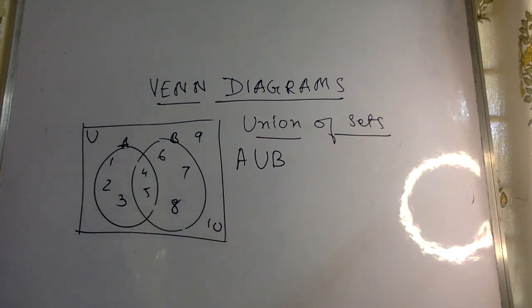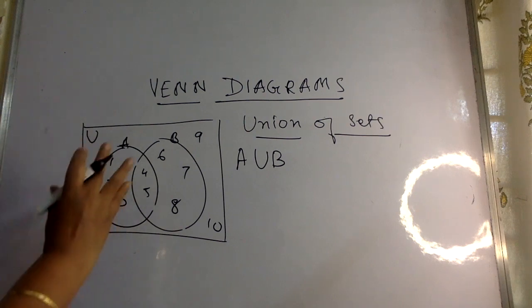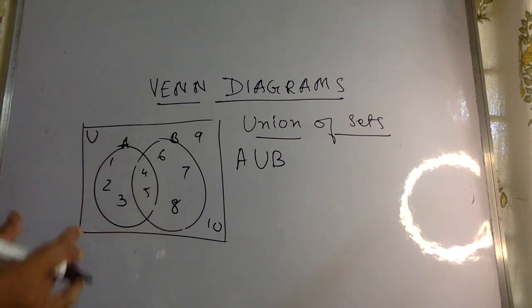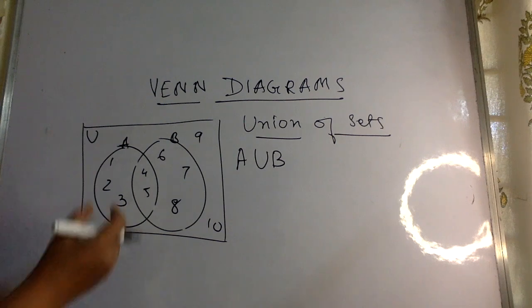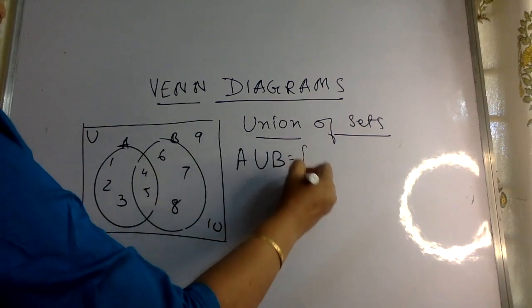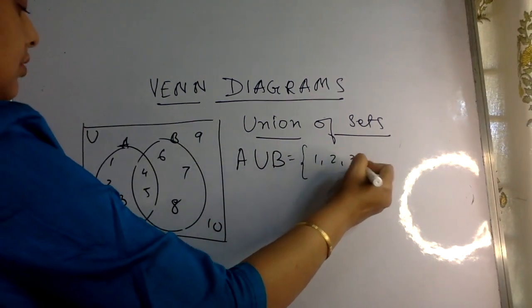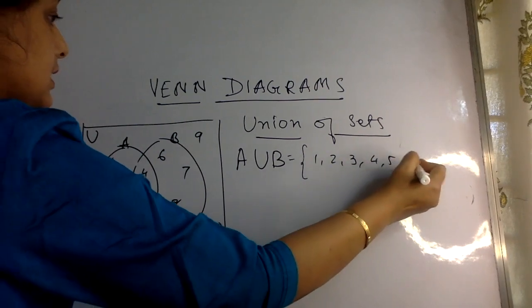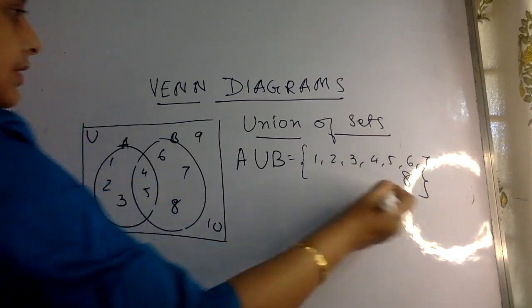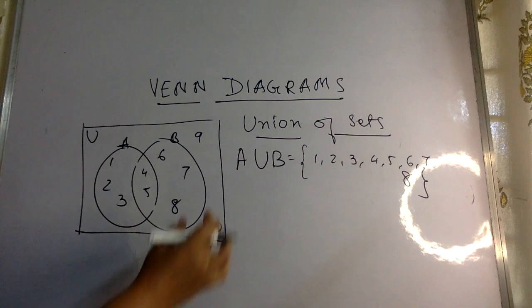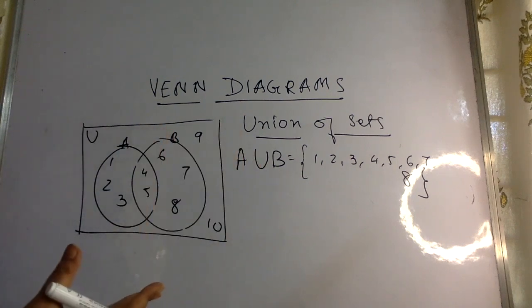So A union B are those elements which are there in A as well as in B. Union means unity, union means together. So you have to take everything together: 1, 2, 3, 4, 5, 6, 7 and 8. That forms my A union B set.